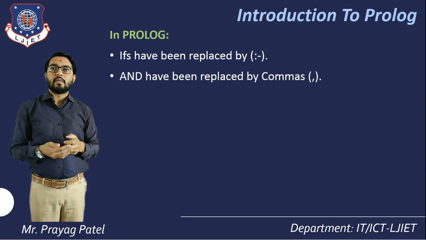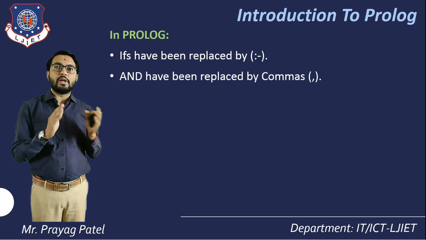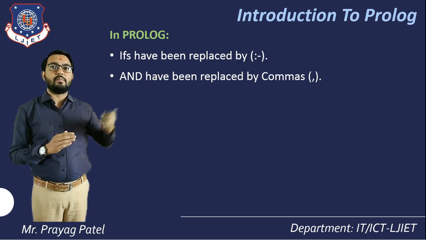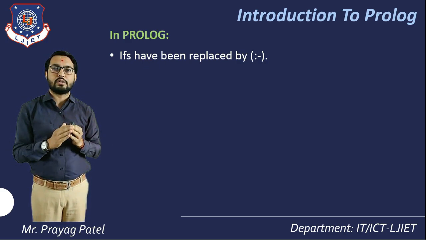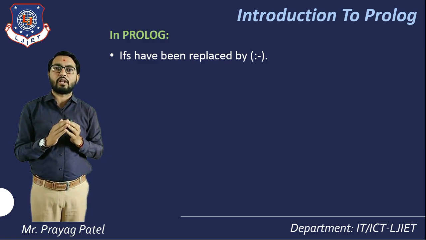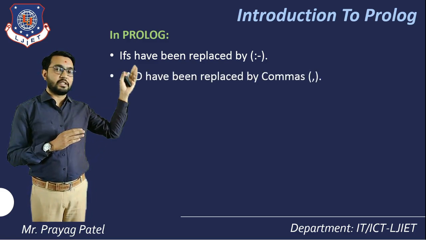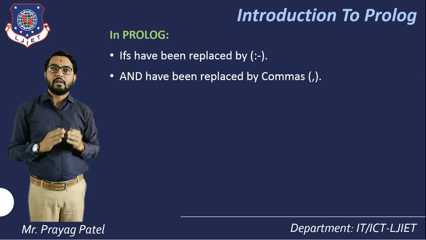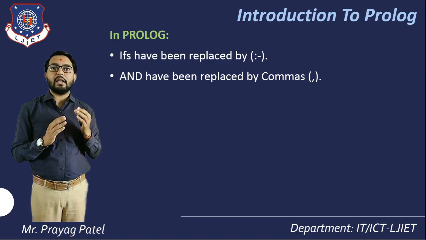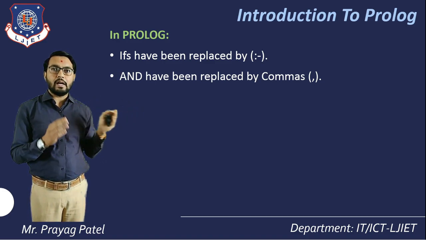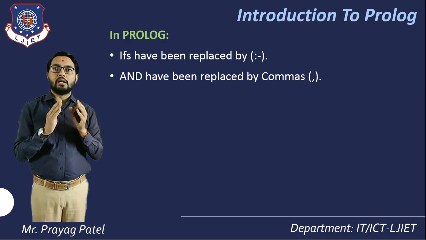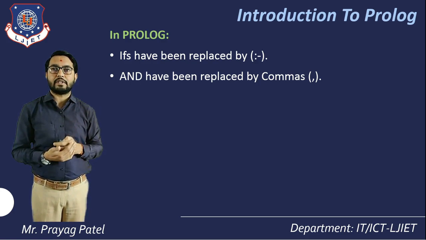Now in Prolog, ifs have been replaced by a particular symbol. The colon dash symbol is used for the if condition. Second, and has been replaced by commas. The comma operator is used for representing the AND operation.